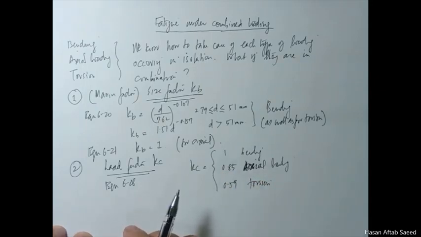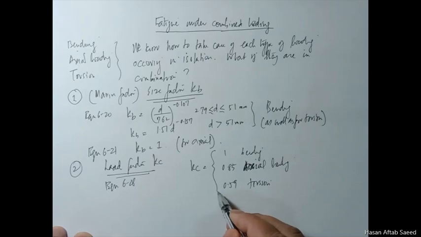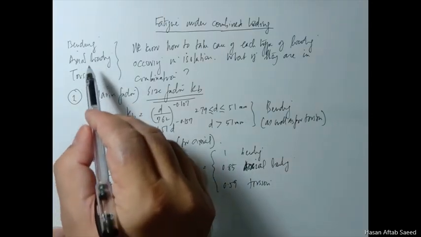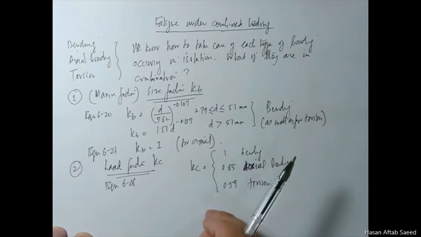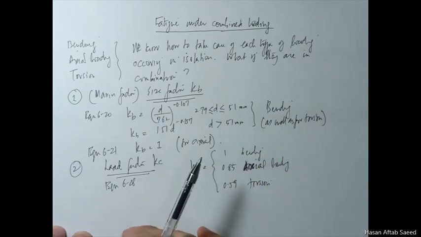Now again we have to consider, if we have this loading in combination, which one of these should be used. You cannot use all three. So this is again something that we need to consider here.